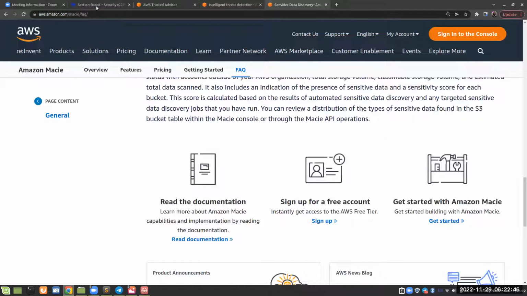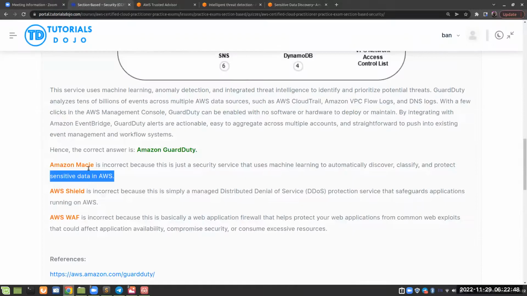So we have talked about Macie, and then Shield. Always remember Shield is distributed denial of service, DDoS. So distributed denial of service is just a kind of situation where, let's say you have a web server, right? When you go to a website, you click, it's a request that goes and you get a response back.